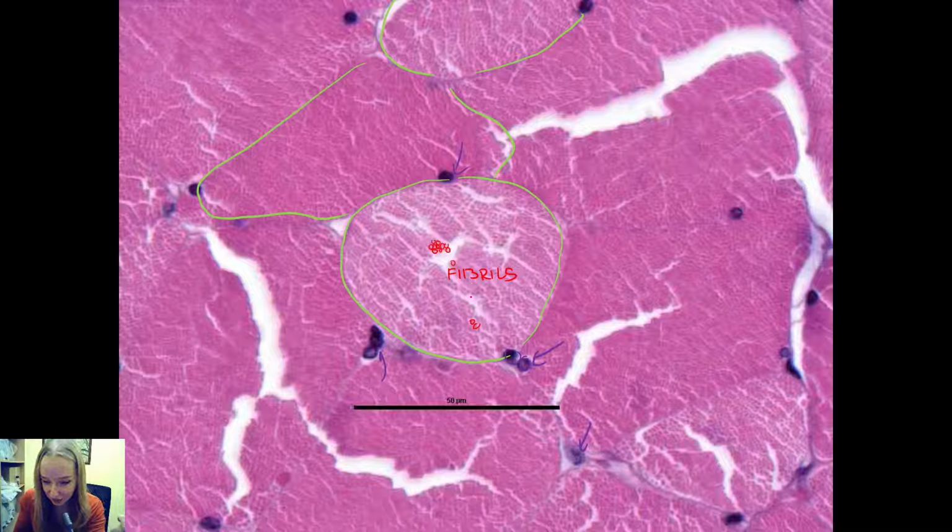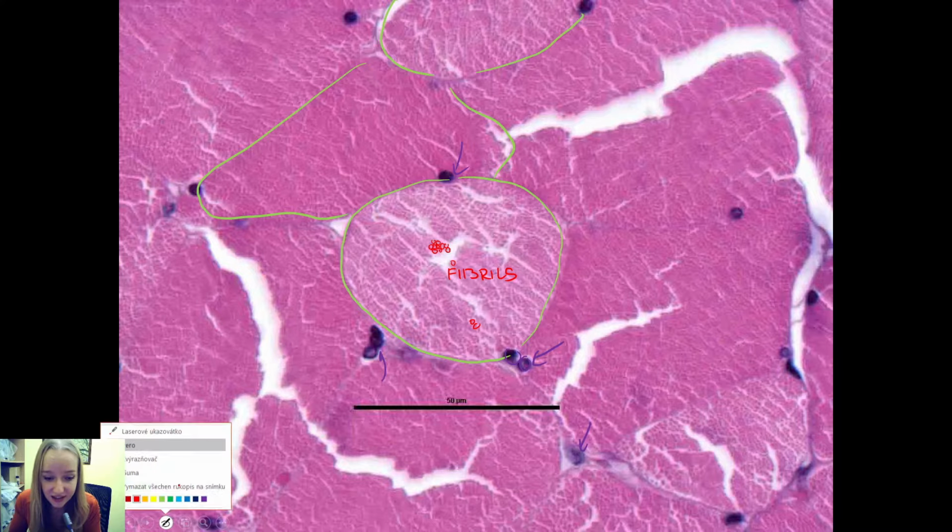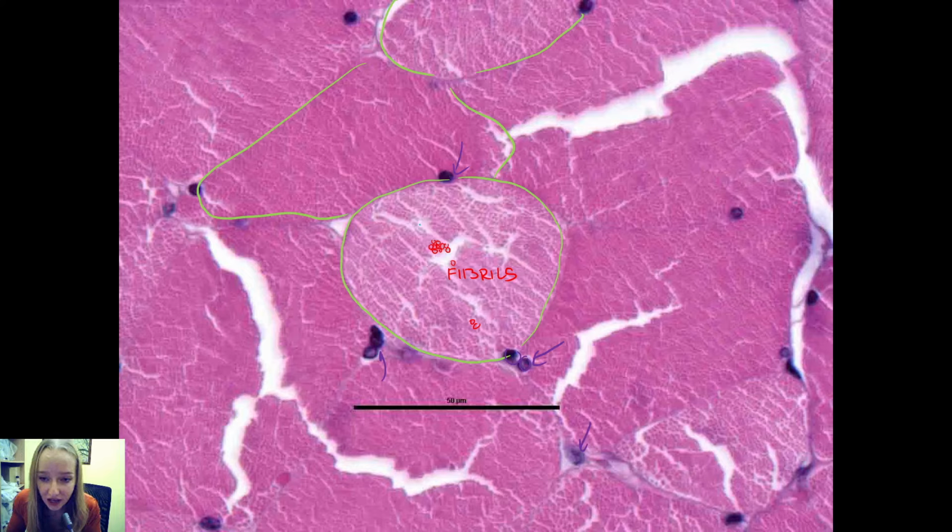It's pretty normal. They create these fields in cross section, and they are called Cohnheim's fields, like this. They are just arranged together in fields like this.